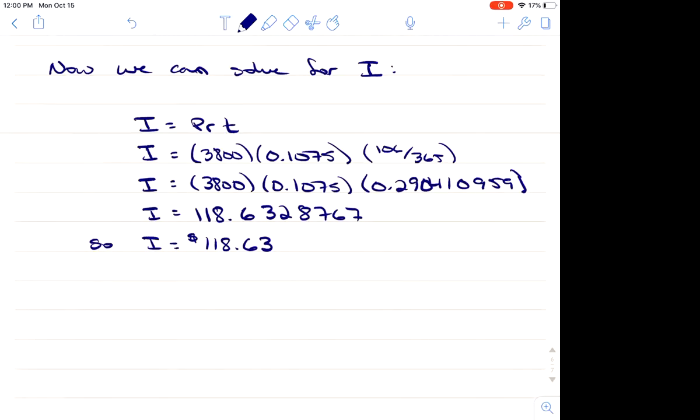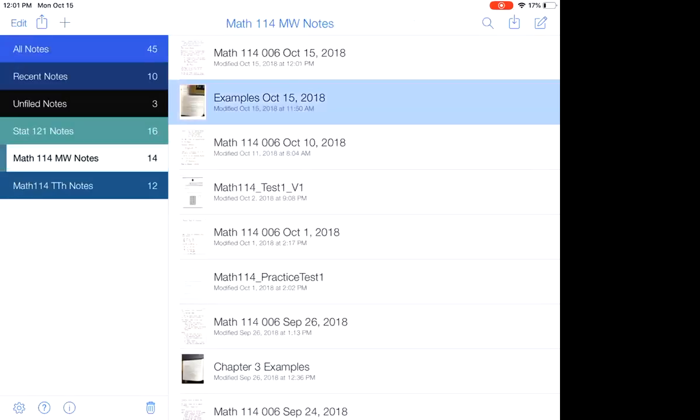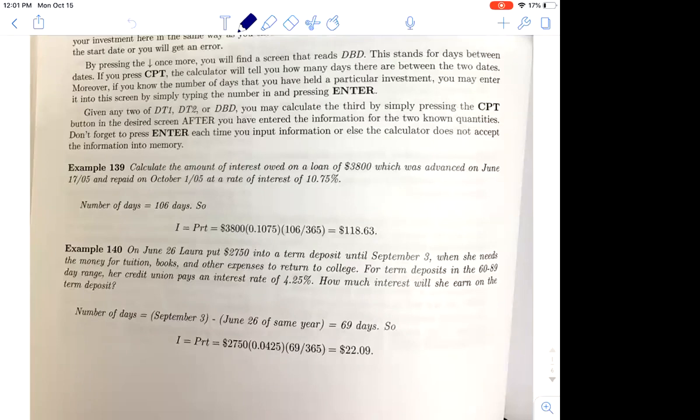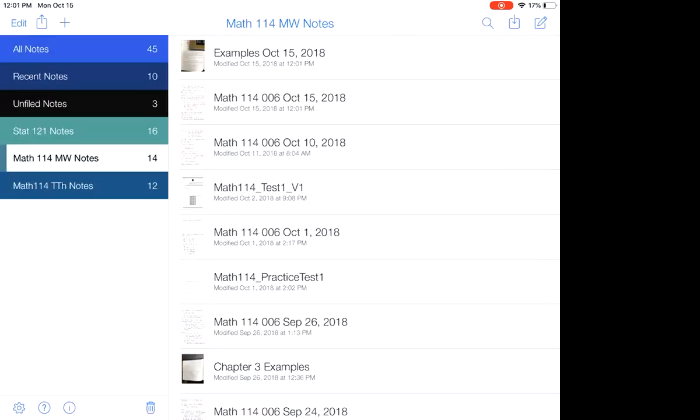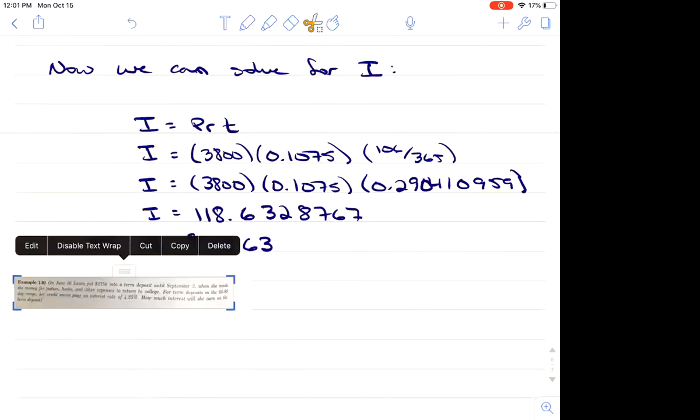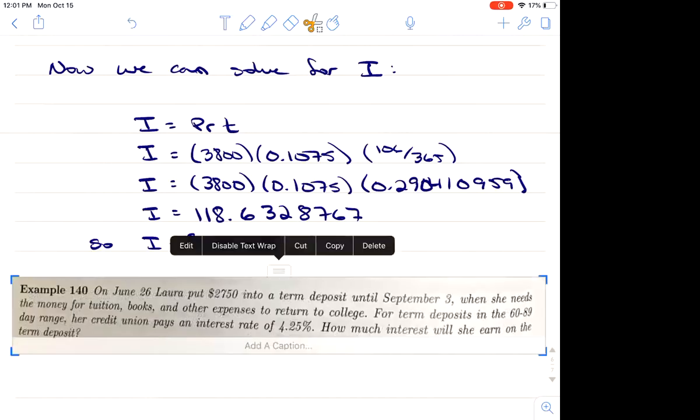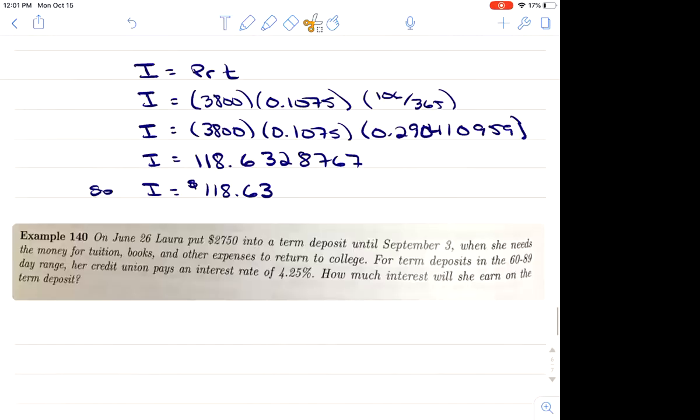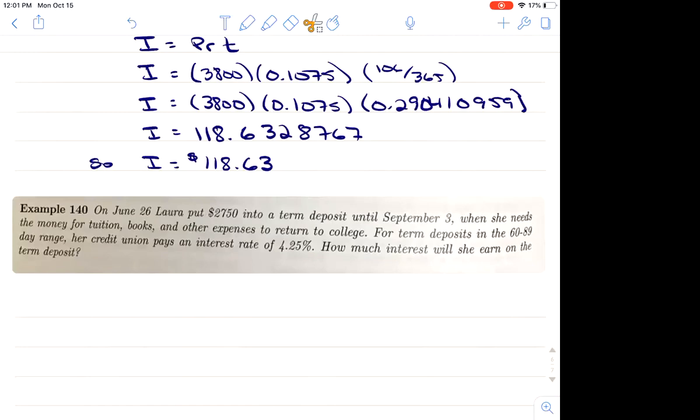How about another days between dates example before we keep going? Okay, so I've got example 140, just so we can get the hang of all this. So on June 26th, we don't know the year, and it doesn't matter, we can just make up a year.